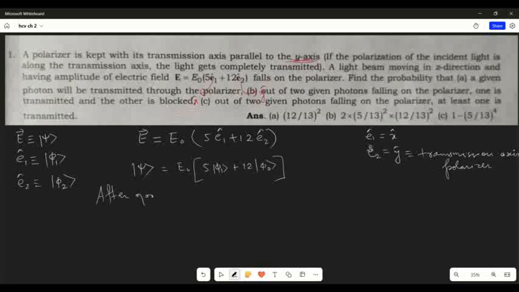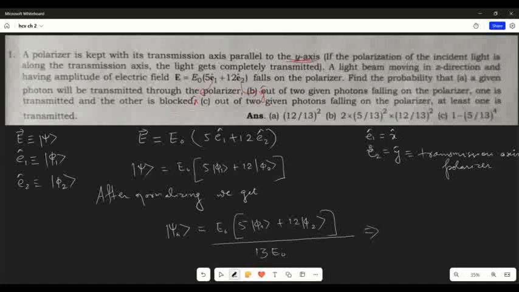And after normalizing we get ket psi n, where psi n means the normalized state. It can be written as E naught times 5 phi 1 plus 12 phi 2, divided by 13 E naught.